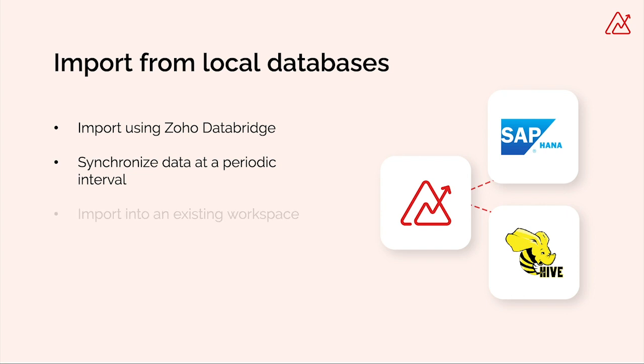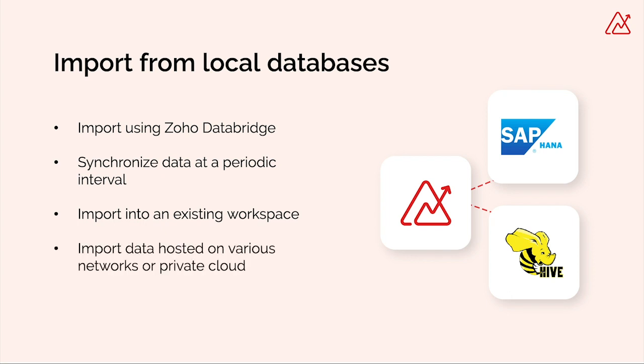You can also have your data imported into an existing workspace from SAP HANA and from Hive. Now you can also import data from a service which is hosted on multiple networks or on private clouds. All you have to do is install data bridges for each of these networks.